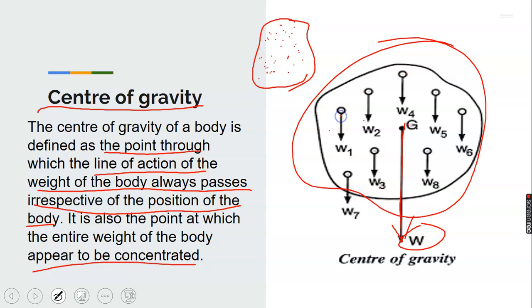Now, look at the weights 1, 2, 3, 4, 5, 6, up to 8. All the weight appears to be concentrated at this center G, which we now call the weight of the body. That point is what we call the center of gravity.